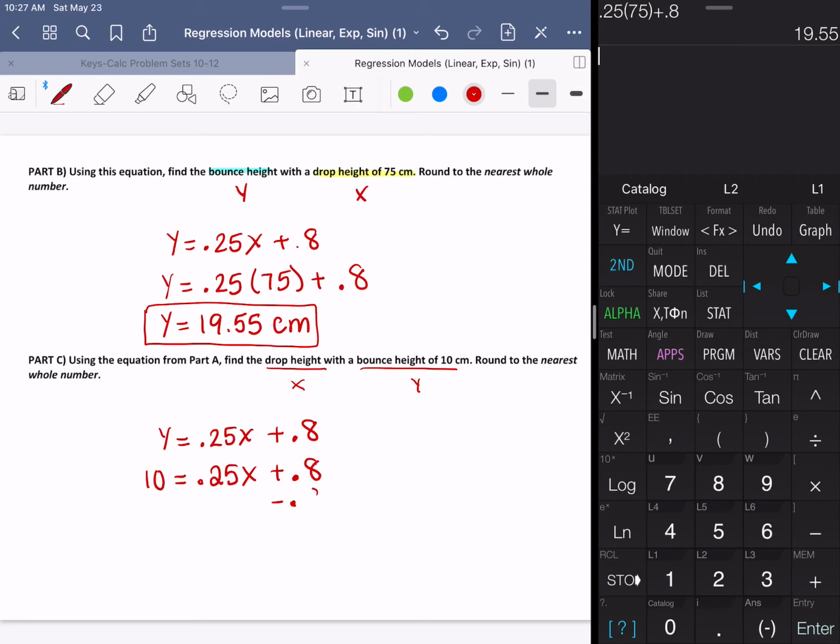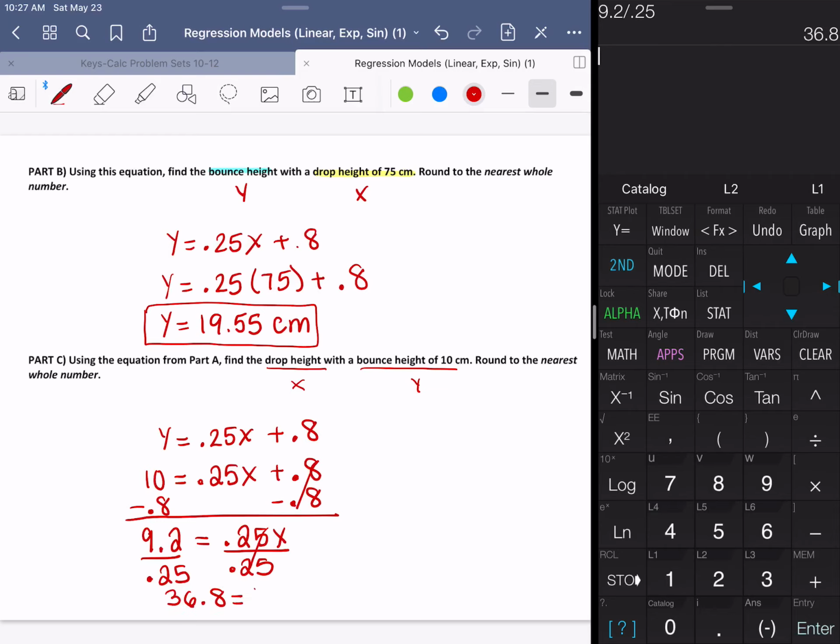So just minus 0.8 on both sides. 10 minus 0.8 is about 9.2, equals 0.25x, and divide by 0.25. All right, that I can't do in my head, so 9.2 divided by 0.25 gives us x, which is 36.8.